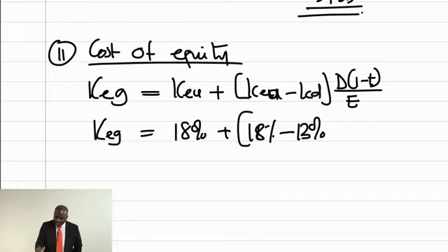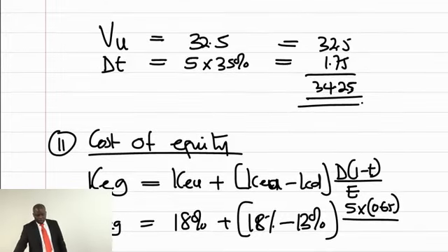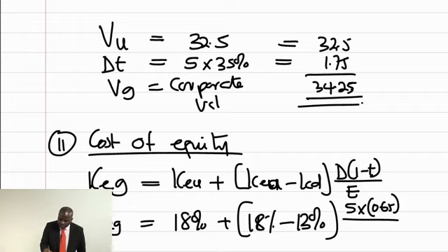Its debt that we are bringing is 5 million, multiplied by the tax rate. Tax rate is 35%, so we're going to have 0.65 divided by, now be with me. Okay, this is the VG. And we all said VG is the corporate value.